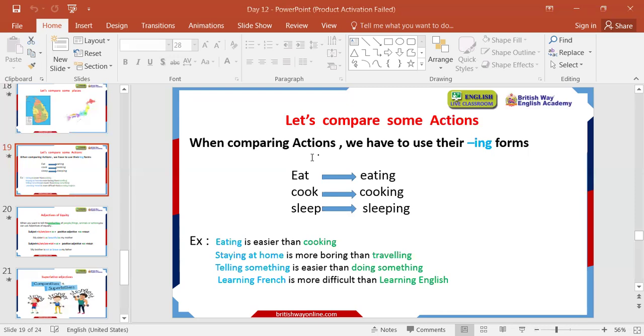Adding ING. So eat becomes eating, cook becomes cooking, sleep becomes sleeping. So when comparing actions, we have to use the ing form. That means we have to make them gerunds, okay?